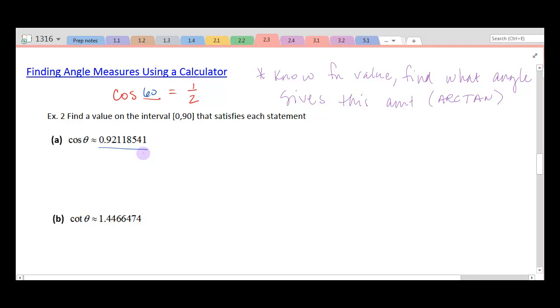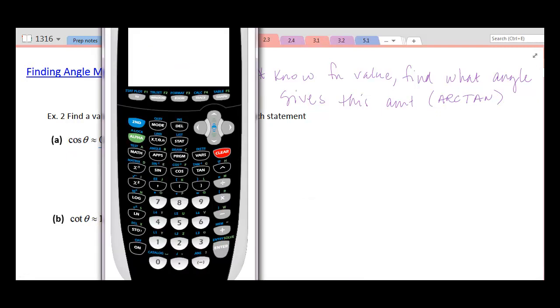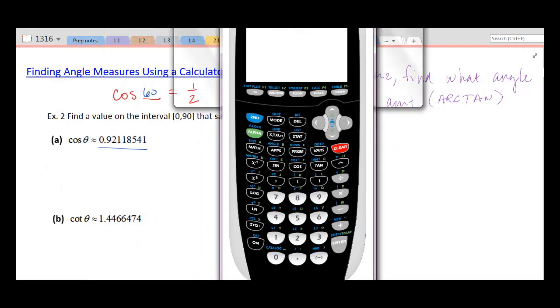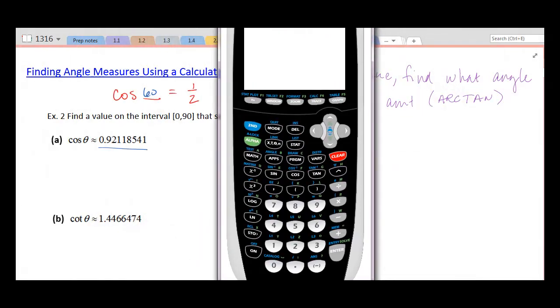The way that we do this is pretty straightforward if we're given one of our sine, cosine, tangent functions. Pulling up our calculator, notice that I have sine, cosine, and tangent, and right above them would be sine inverse, cosine inverse, tan inverse. That's what we're going to use if we're going to return an angle measurement.